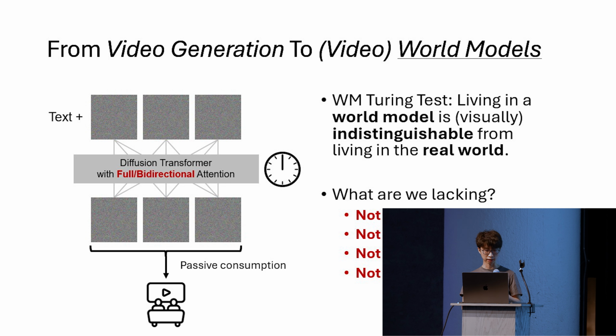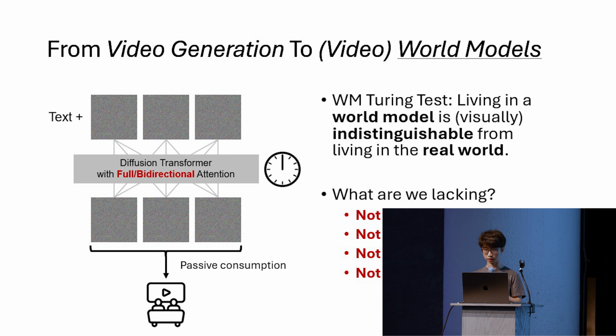So my goal is to figure out how we can go from video generation models to video world models. I will first explain why the existing paradigm is not able to do the so-called world model. Most video generation models rely on the diffusion model. The input is text with some random Gaussian noise, and they go through a diffusion transformer with full or bidirectional attention, so each token can attend to every other token.